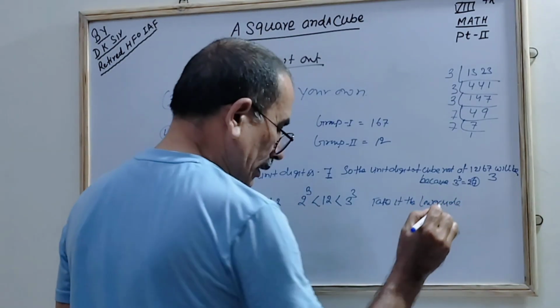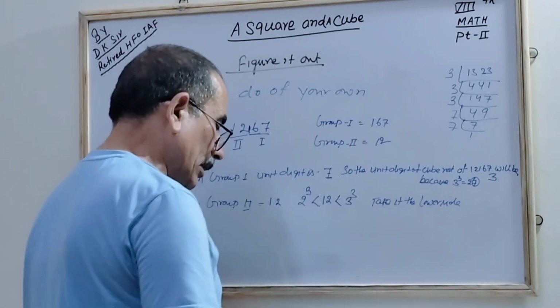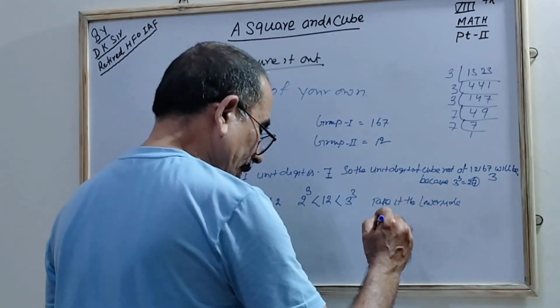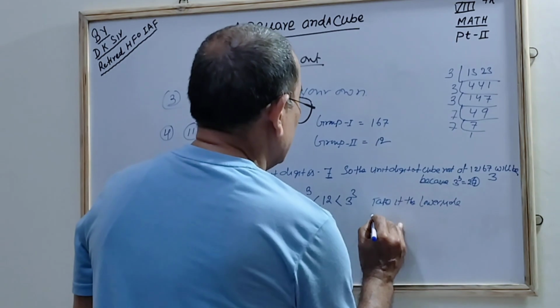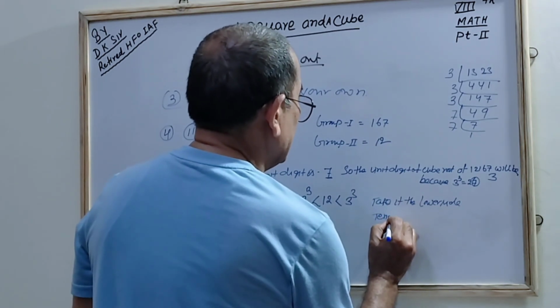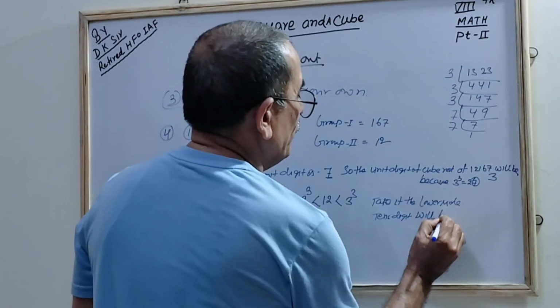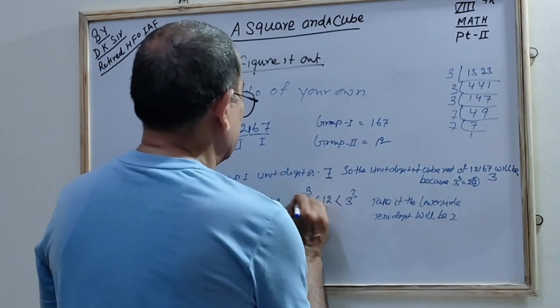Correct? So the tens digit will be 2, because 2 is on the lower side.